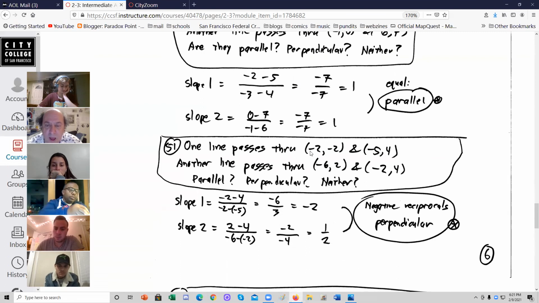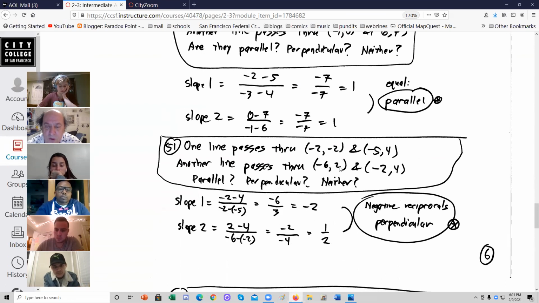Here we have a line through (-2, -2) and (-5, 4). Here's another line through (-6, 2) and (-2, 4). Parallel, perpendicular, or neither? Well, here we go. In the numerator, change in y is -2 minus 4. Change in x is -2 minus -5, like that. Which is -6 over 3, which is -2.